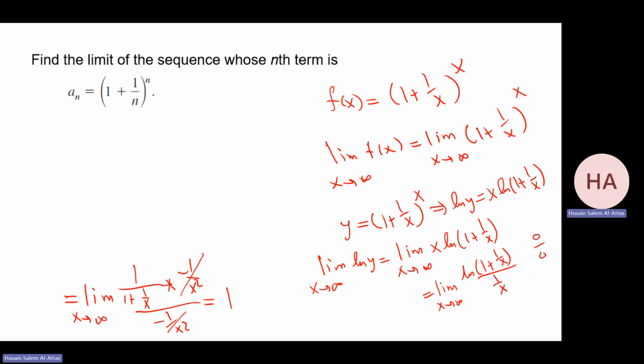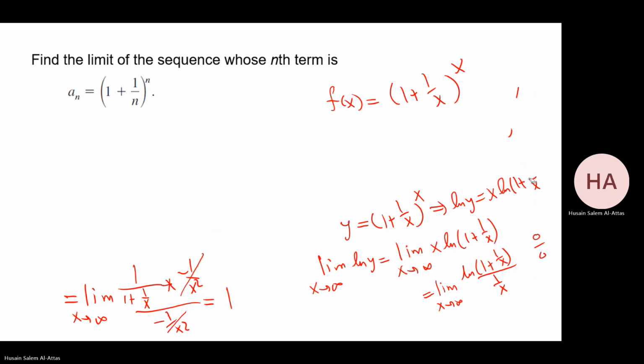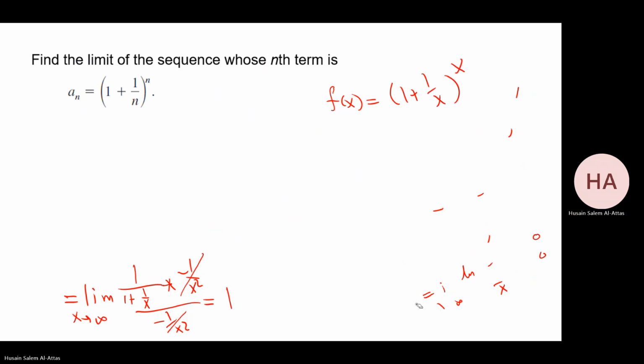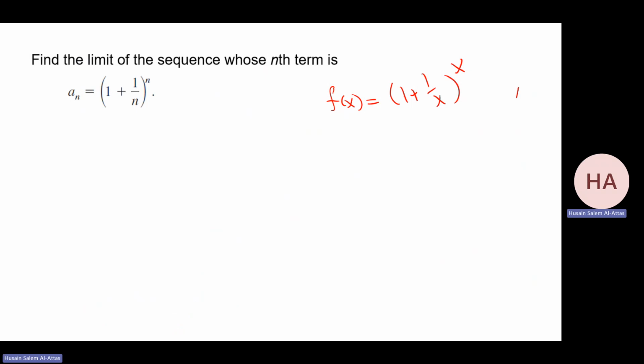So, let me make it in a better arrangement. I need to deal with the limit as x goes to infinity of this function f of x, which is the limit as x goes to infinity of 1 plus 1 over x to the power x.